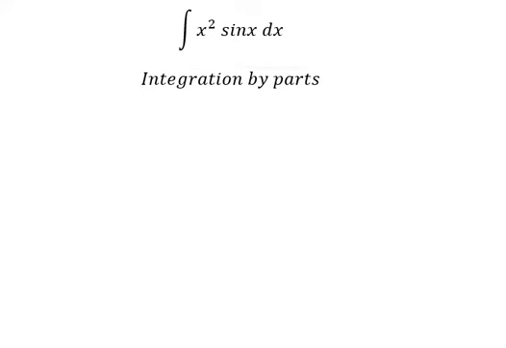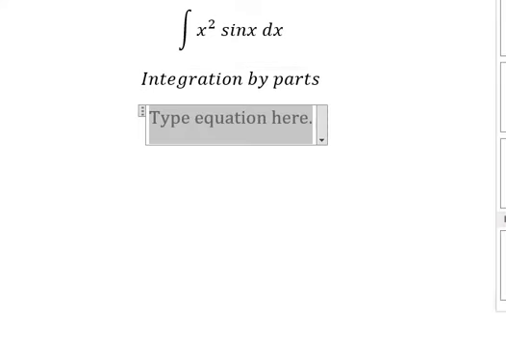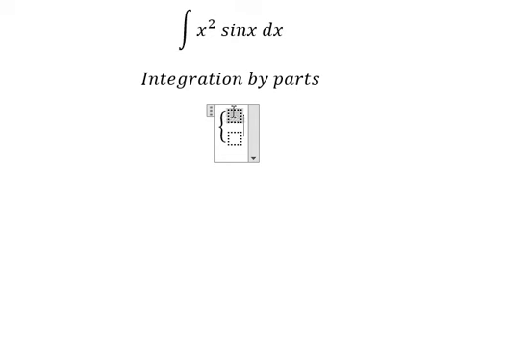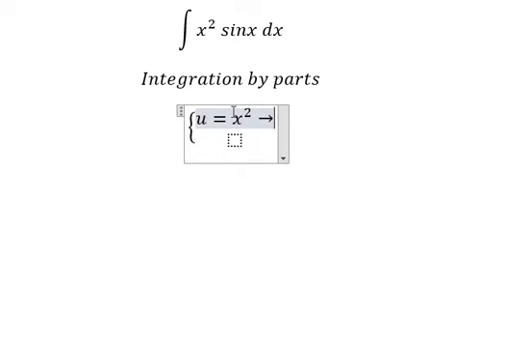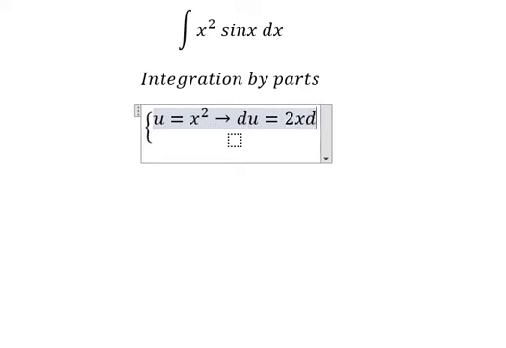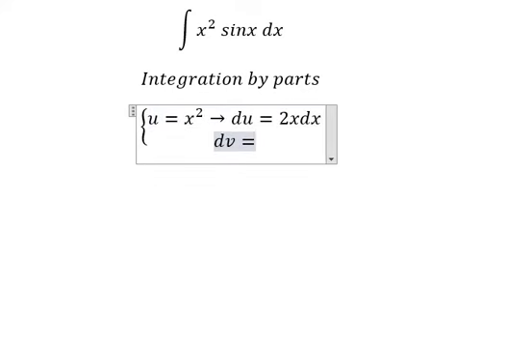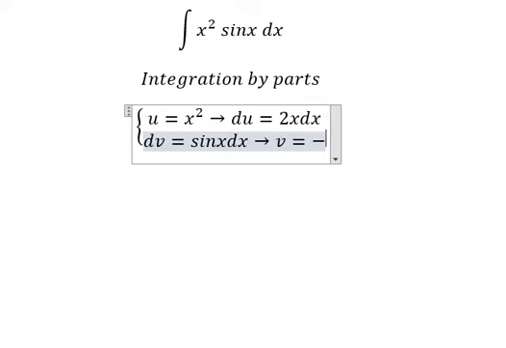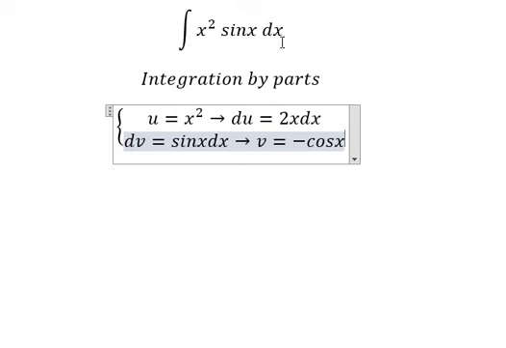So I will put u equals s squared. Later we need to do first the derivative for both sides, and we have du equals 2s ds. dv, we have sin s ds. The integration of this one, we have v equal to negative cosine s.